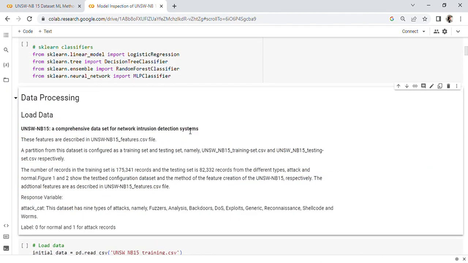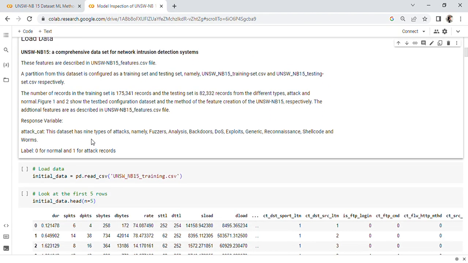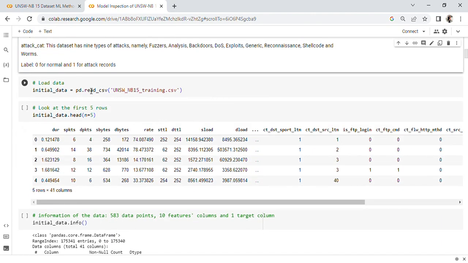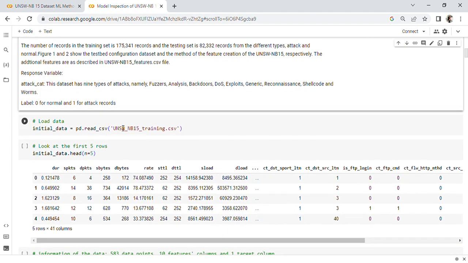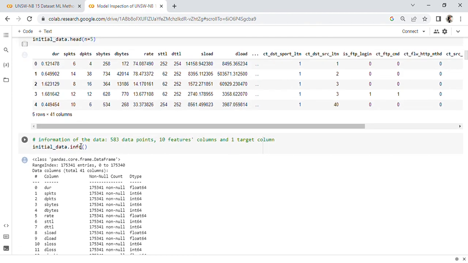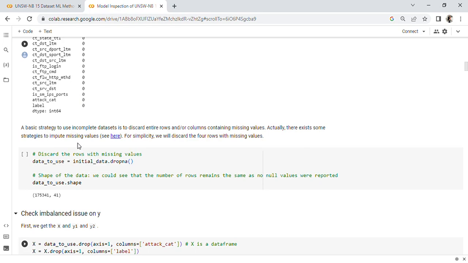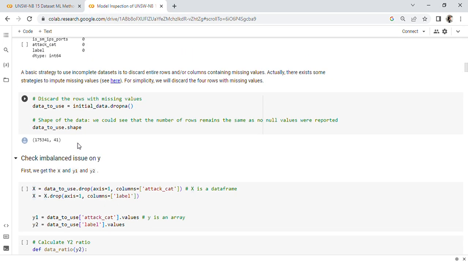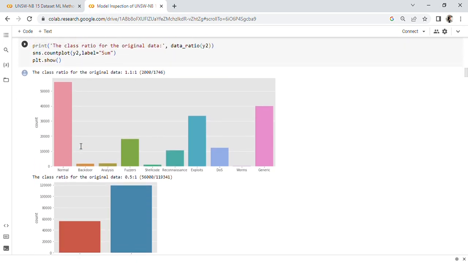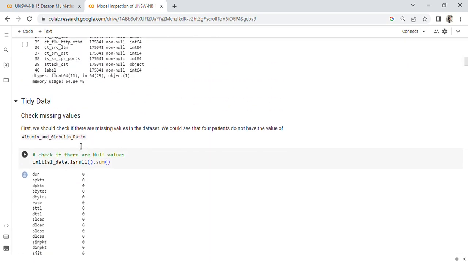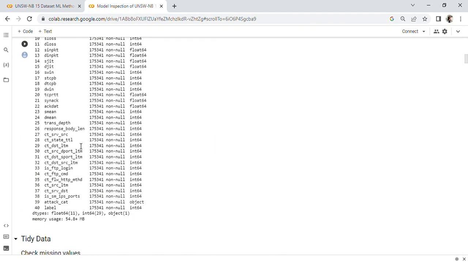So here we are going to pre-process our data. Here we are loading our data and reading the dataset. After that we are going to remove the null values from the dataset. After that we are going to divide our dataset into two: the first one is the training dataset and the second one is the testing dataset.